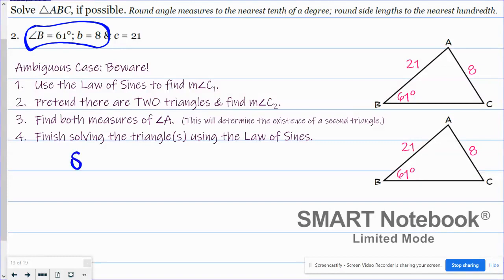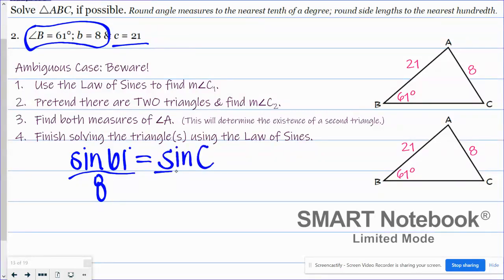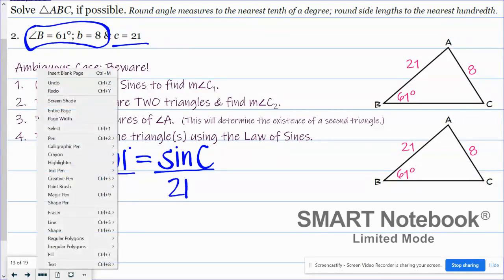And so that's going to look like this, where I have sine of 61 degrees over 8. Now I can use the law of sines to find the measure of angle C since I know the measure of side C. So this is going to be equal to sine of angle C divided by side C, which is 21. So then I do the usual math.